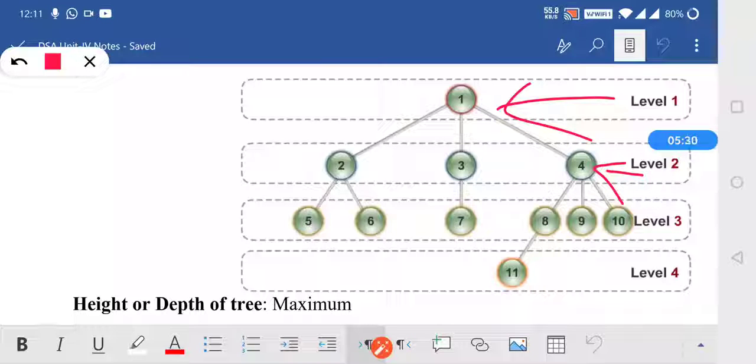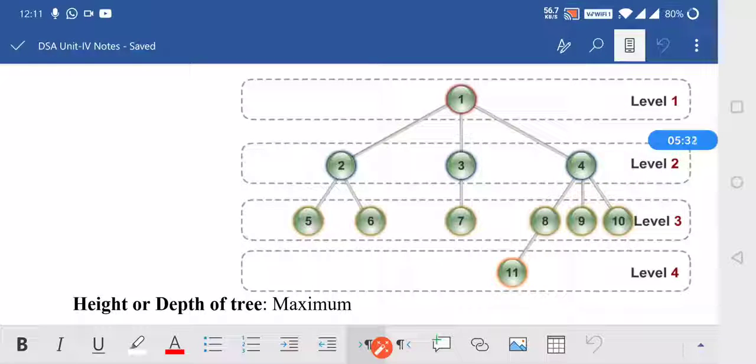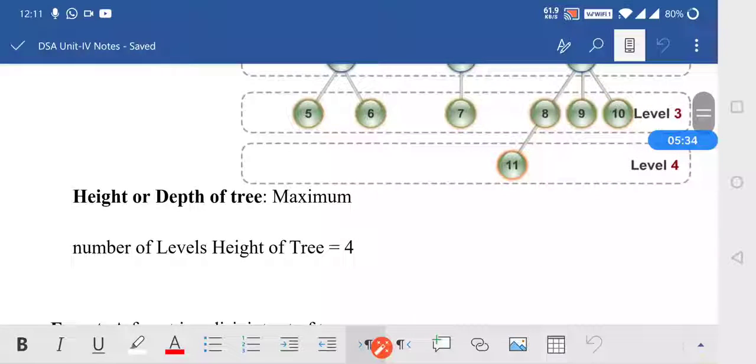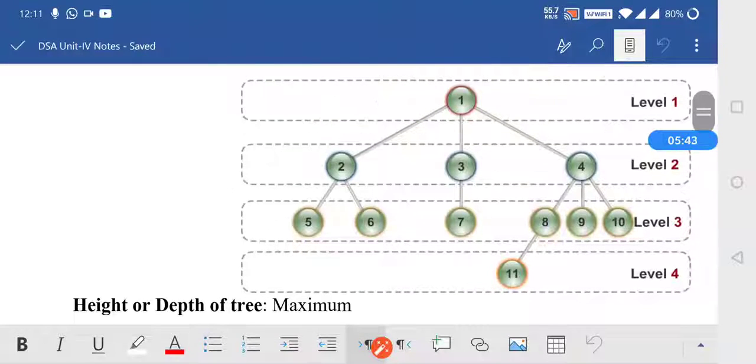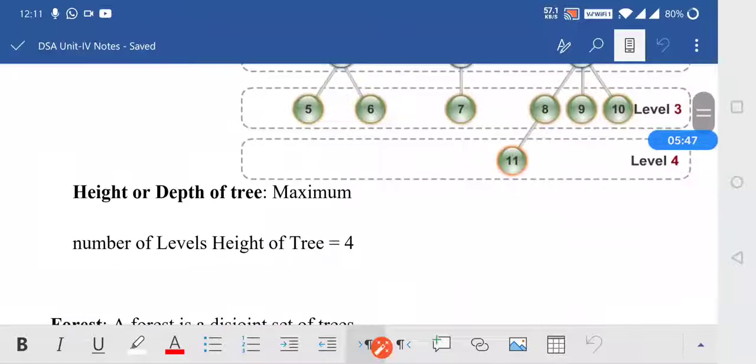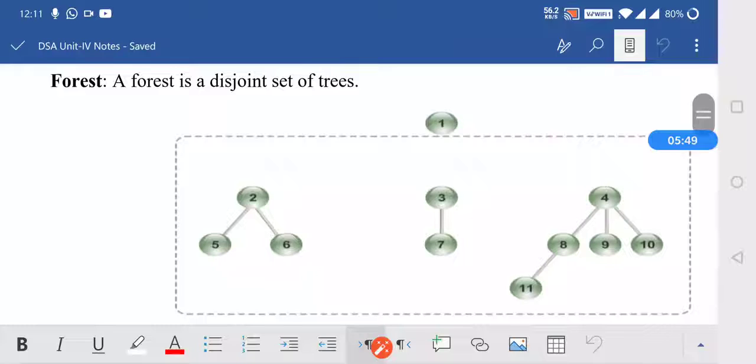Likewise, the levels are there as per the tree containing the child nodes. Then the height and depth of tree is nothing but the maximum number of levels present in the tree. In this particular example 4 levels are there, so height of this tree is 4.